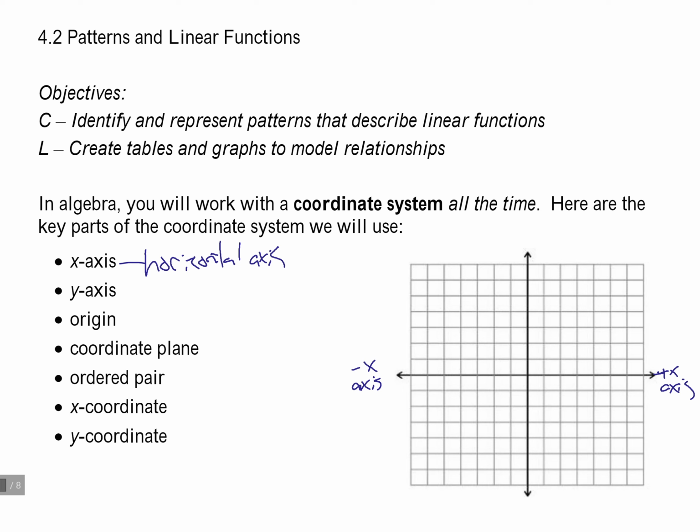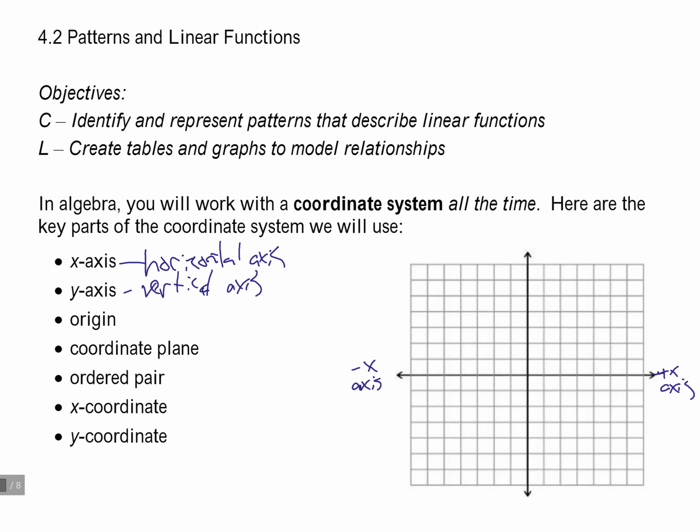Same thing here. Okay, now the y-axis. Now that we know that the x-axis is the horizontal axis, we should know that the y-axis is going to be the vertical axis. So the bold axis on this graph that I have here is our vertical axis. That's our y-axis.